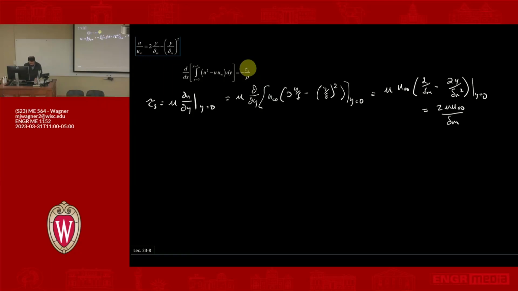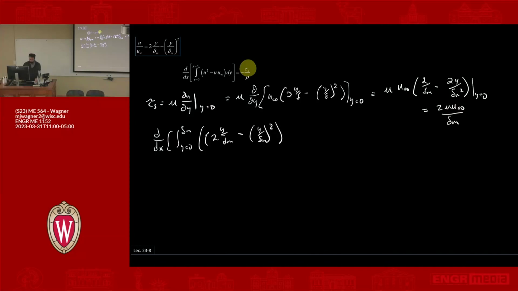So plugging this stuff in, I'm going to plug in my velocity profile. It starts to get a little bit messy, but we'll just walk through it so you can see what happens. So d dx of the integral from y equals 0 to delta m of the quantity 2y over delta m minus y over delta m squared.